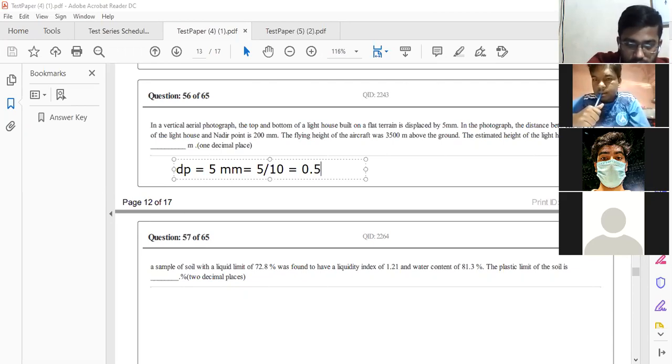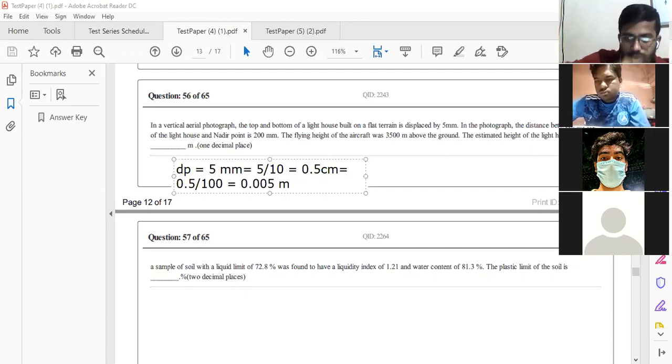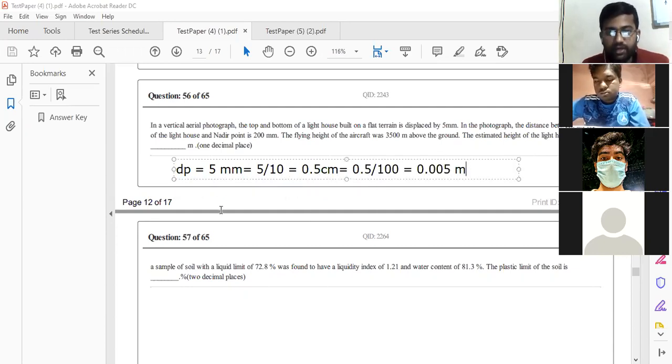Now it is in centimeter. Here again 0.5 divided by 100, we get 0.005 in meter. Clear? I have brought it into meters.